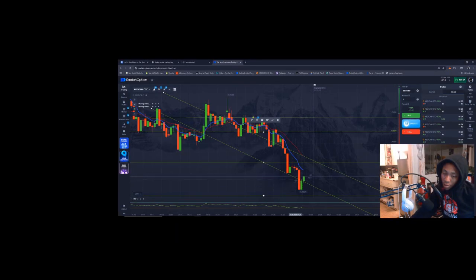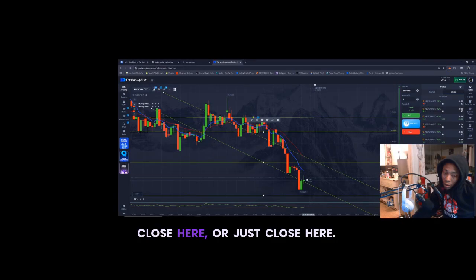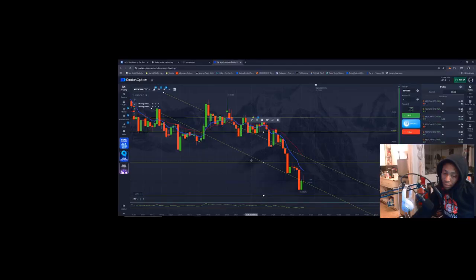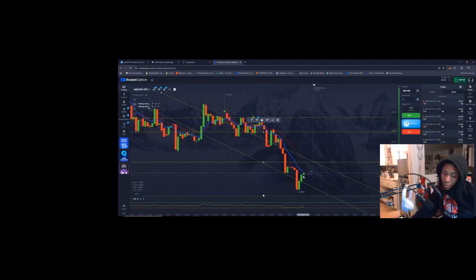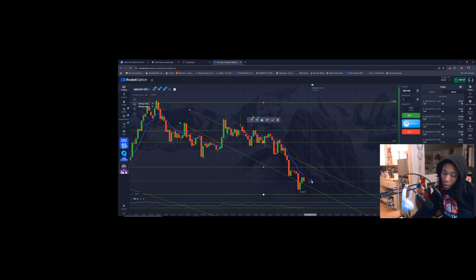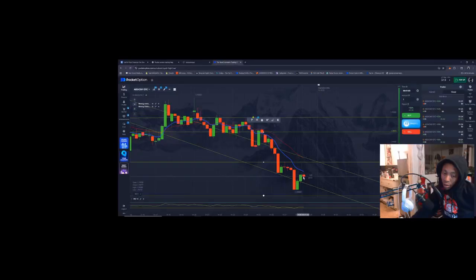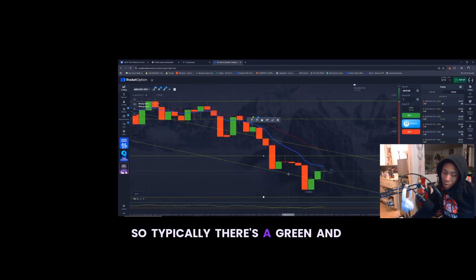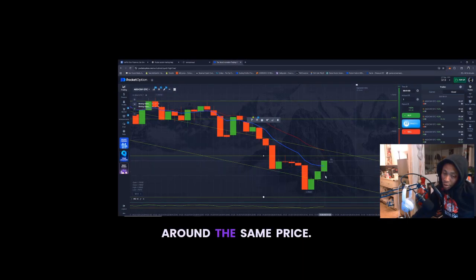It's gonna possibly close. It's gonna be bullish, maybe here, close here, or just close here. There it is. So typically there's a green and a red that open and close around the same price.